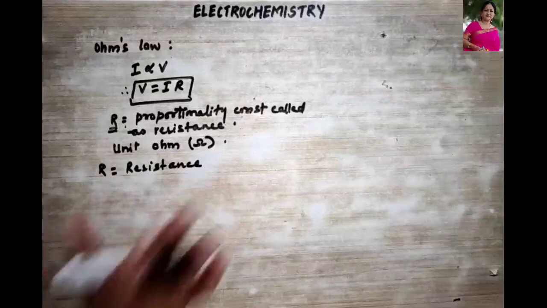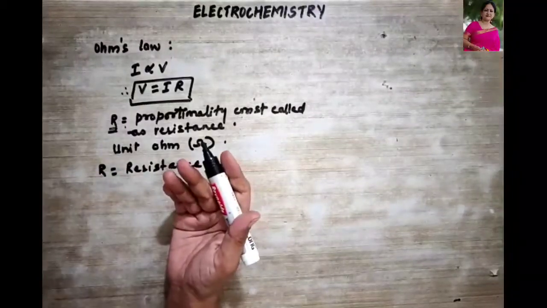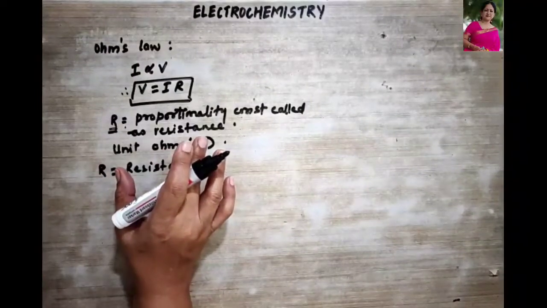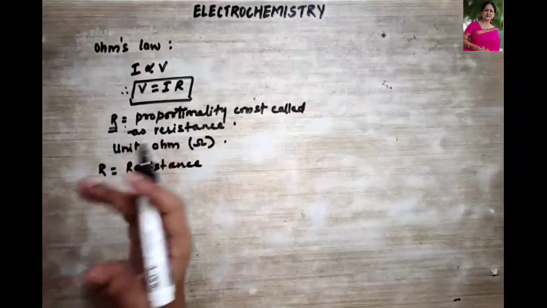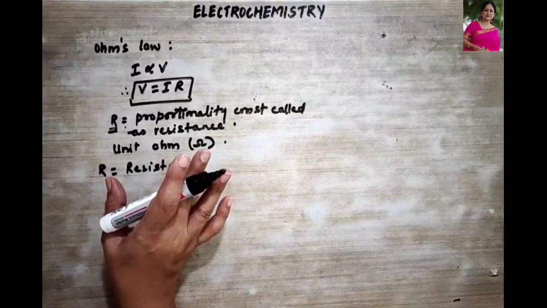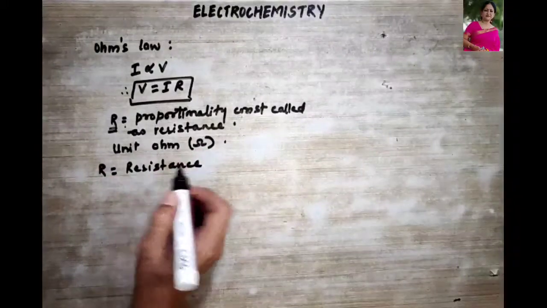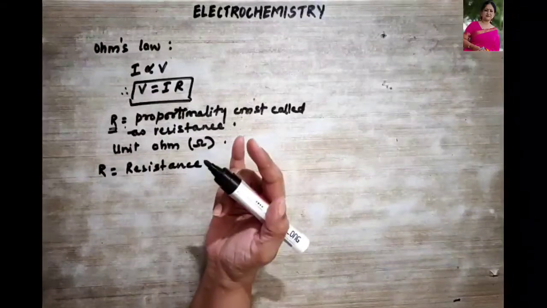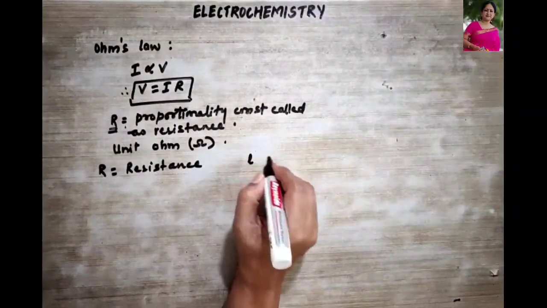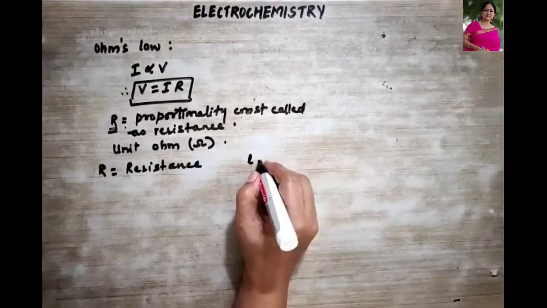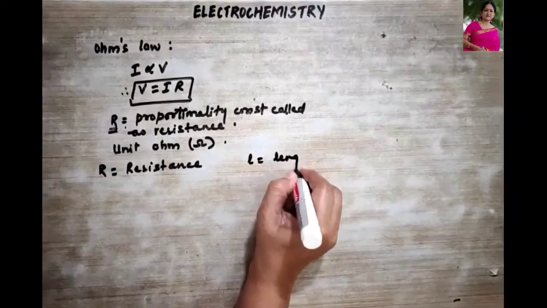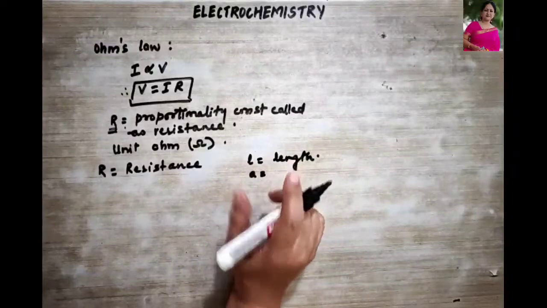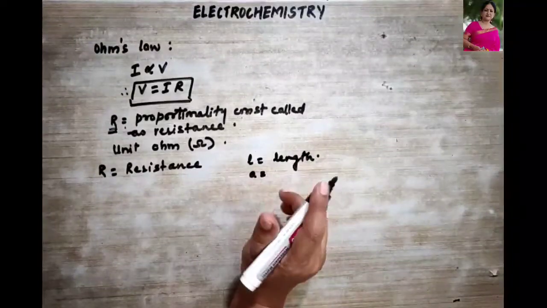Clear? Now every substance offers resistance to the flow of electricity to a small or to a large extent. So this resistance depends upon the length of the conductor, which is called L, and it is also dependent upon the area of cross section of the conductor.